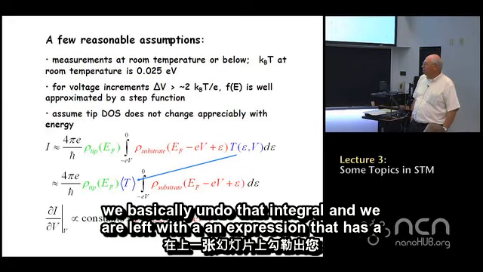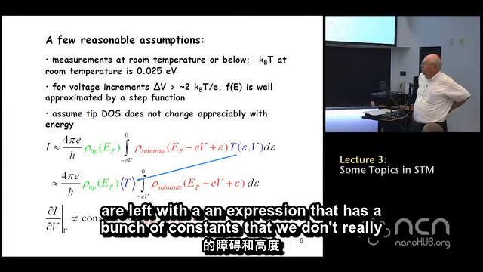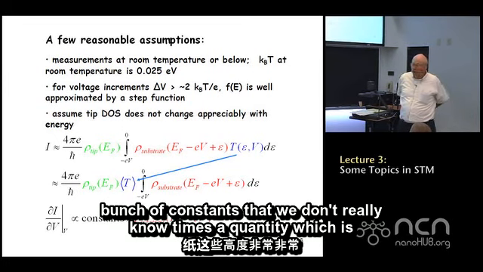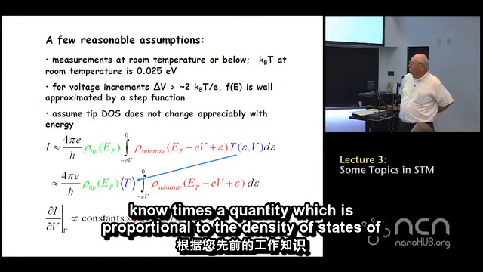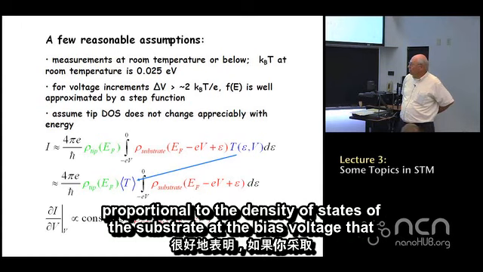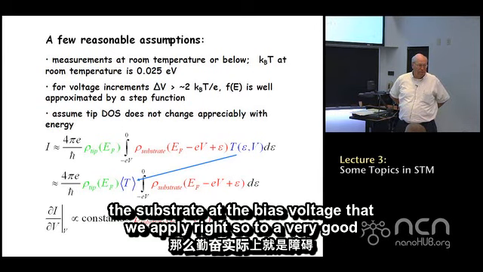expression that has a bunch of constants that we don't really know, times a quantity which is proportional to the density of states of the substrate at the bias voltage that we apply, right?